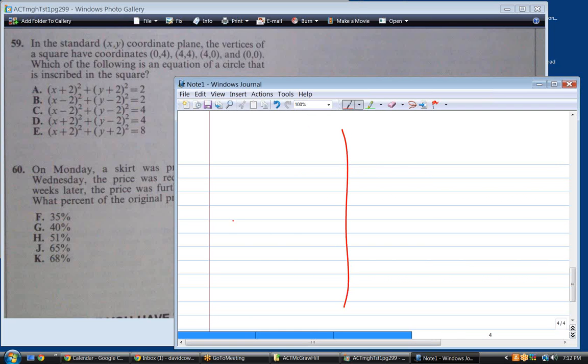All right. I suppose it can't hurt. 4 comma 4, 0 comma 4, 4 comma 0, and 0 comma 0. Which of the following is an equation of a circle that is inscribed in the square?